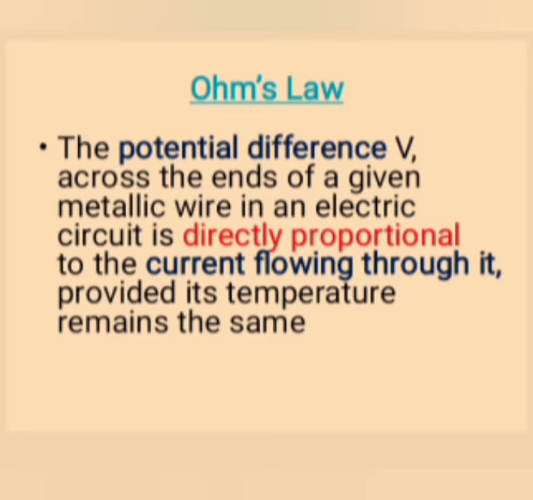Ohm's law states that the potential difference V across the ends of a given metallic wire in an electric circuit is directly proportional to the current flowing through it, provided its temperature remains the same. Define Ohm's law.